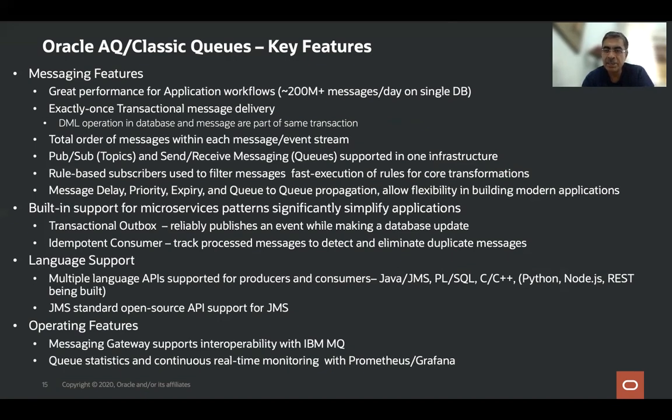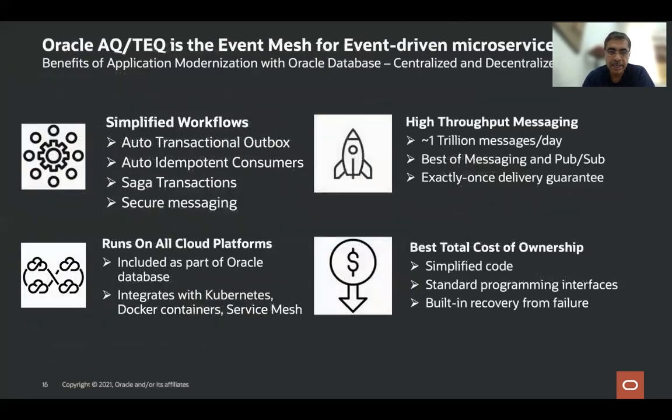So if you've been using AQ and you've been wanting to monitor these things, please connect with us and look at the monitoring aspects with Prometheus and Grafana that give you insights into how the queues are functioning. Things like queue depth, producer throughput, consumer throughput, and any level of $V statistics that we have been used to looking at.